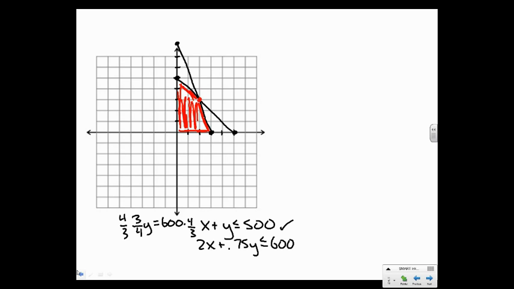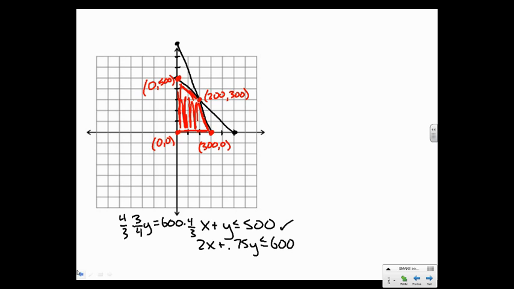All right, and it looks like we're crossing right here at 200, comma 300. We have another vertex at 300, comma 0. We have a vertex at 0, comma 0. And we have a vertex at 0, comma 500.